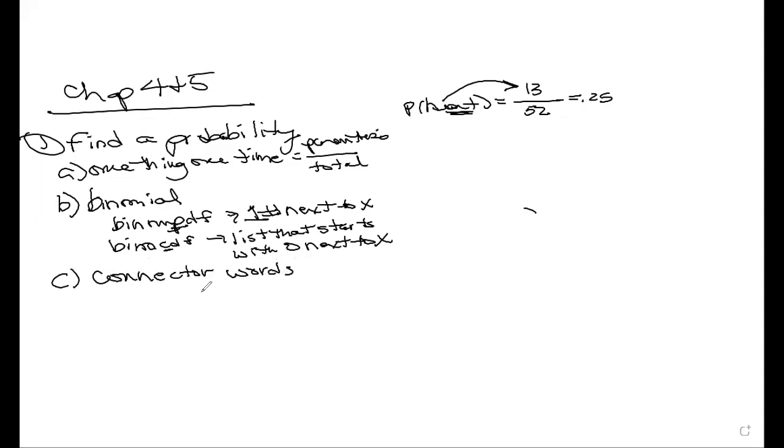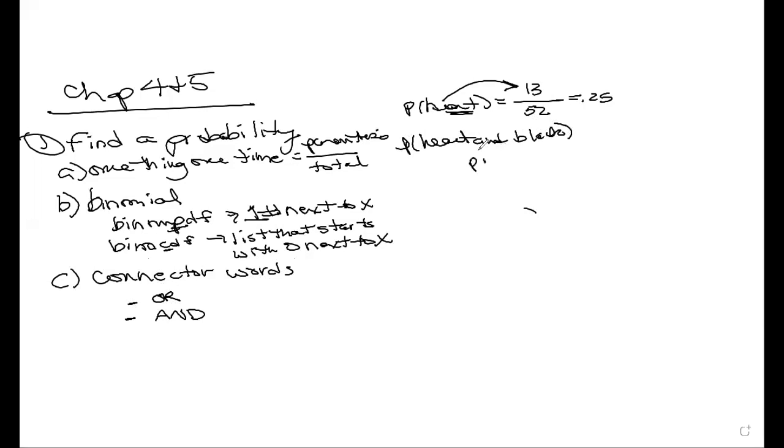And again, these formulas are on your sheet. Remember, you've got OR. That's where you add and then subtract the overlap. You've got AND. Now, if you don't ask yourself, is it possible, you're going to get nailed on the test next week. Because, for instance, if I let you pick one card and I say, what's the probability that you get a heart and a black card?